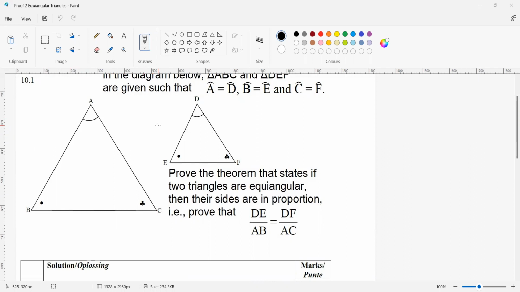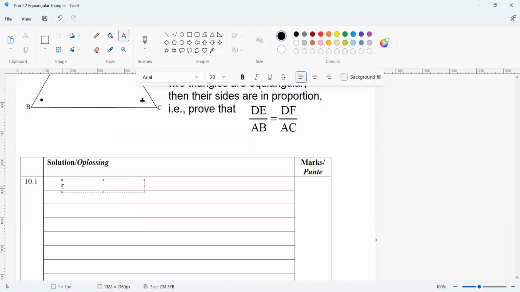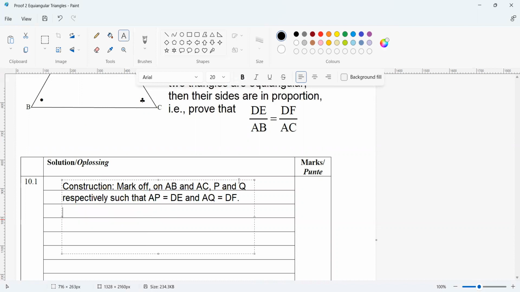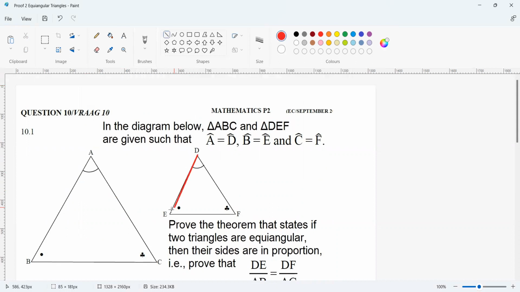Just understand. The first thing that's always important with a proof is to have a construction. In this case, we will replicate the sides of DE on this triangle AB. So let's take this side length and put it over this way, and take this side length and put it over this way.